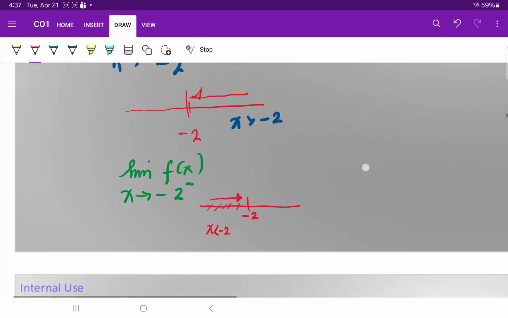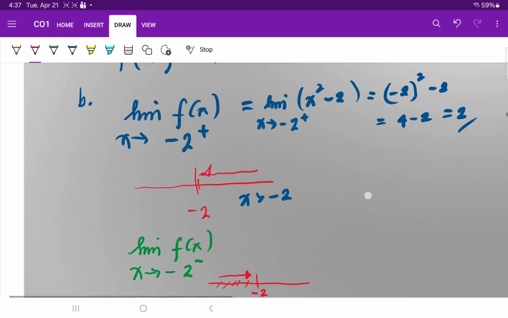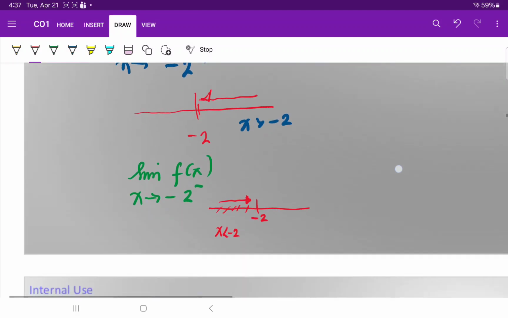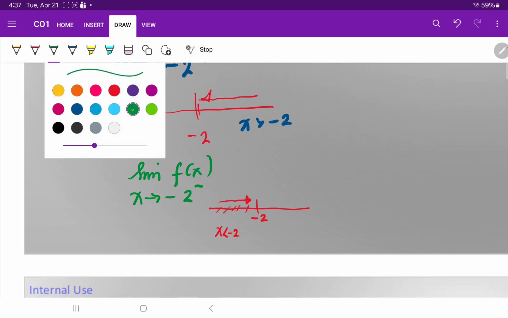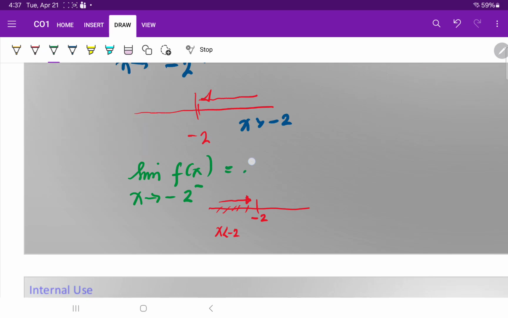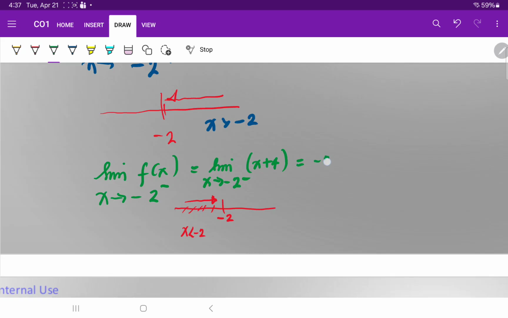So for letter B, hold on, we use here the limit of x plus 4 as x approaches negative 2 coming from the left. Alright, so that will give you, substitute negative 2 for x, it gives you 2.